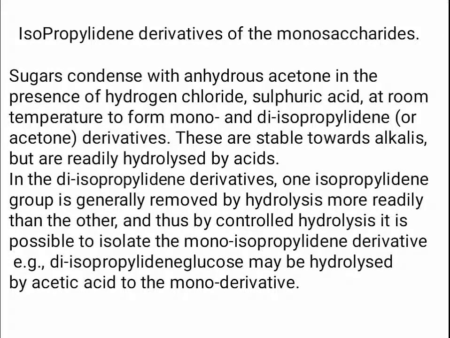In the diisopropylidene derivatives, one isopropylidene group is generally removed by hydrolysis more readily than the other, and thus by controlled hydrolysis it is possible to isolate the monoisopropylidene derivative. For example, diisopropylidene glucose may be hydrolyzed by acetic acid to the mono derivative.